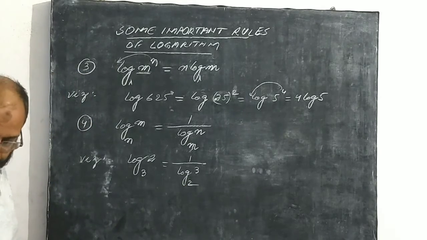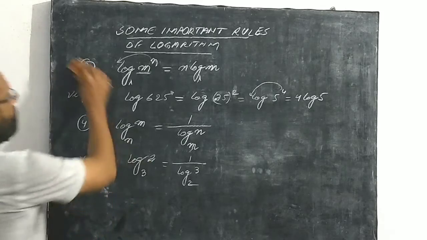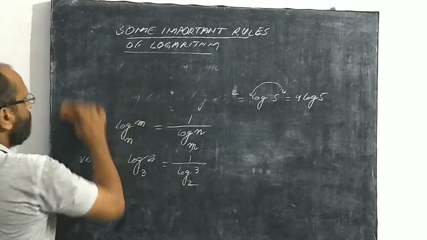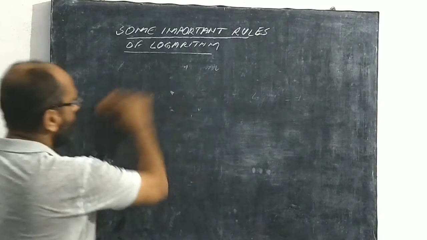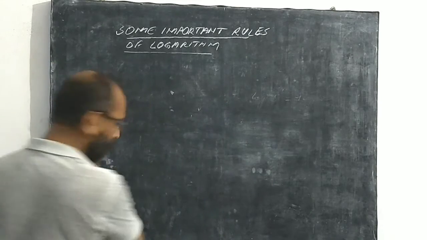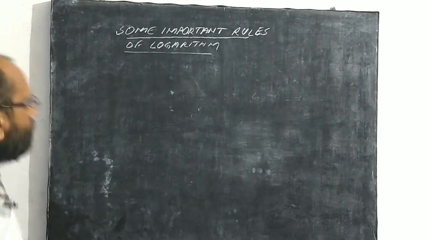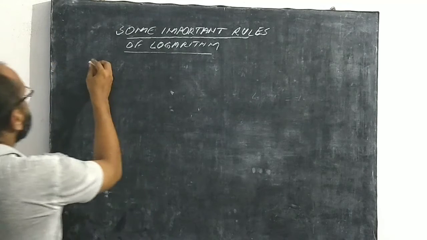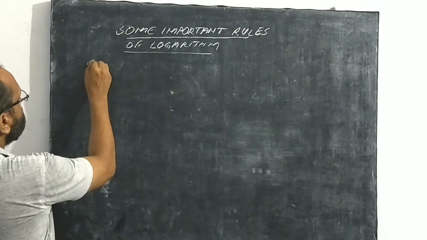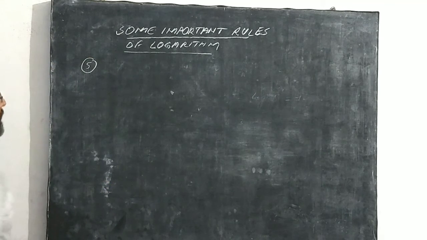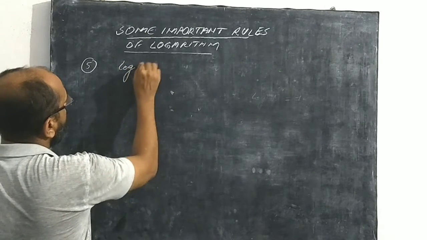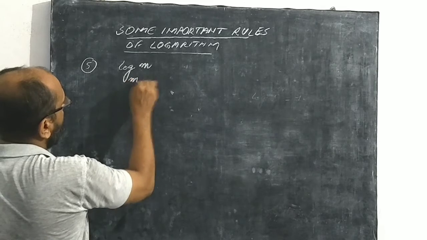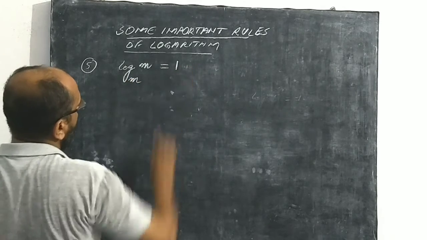Next law, that is the fifth law, is log m base m is always equal to 1.